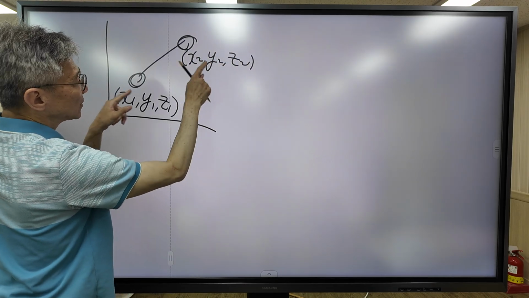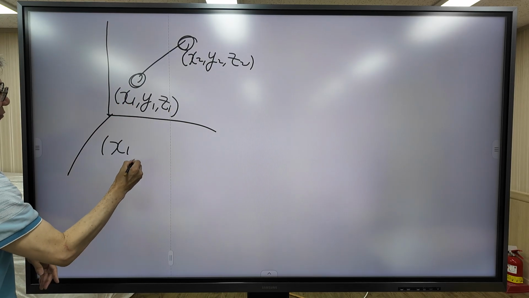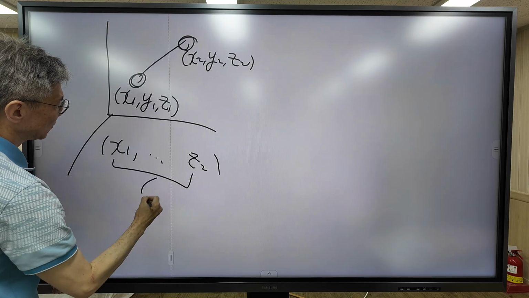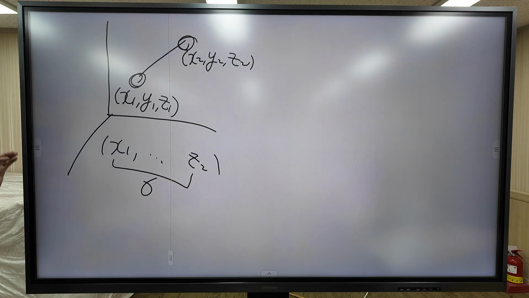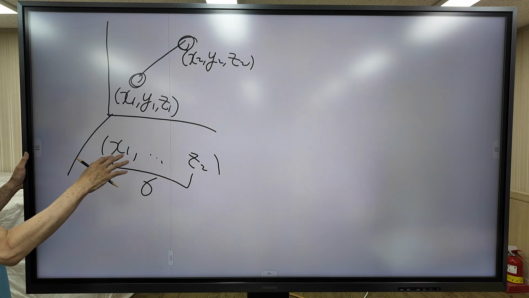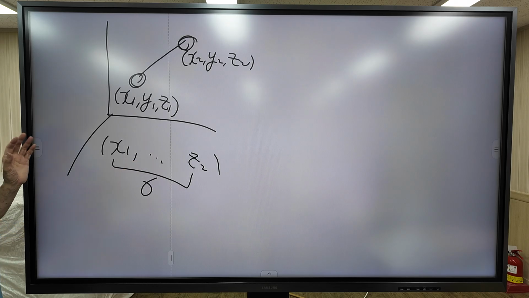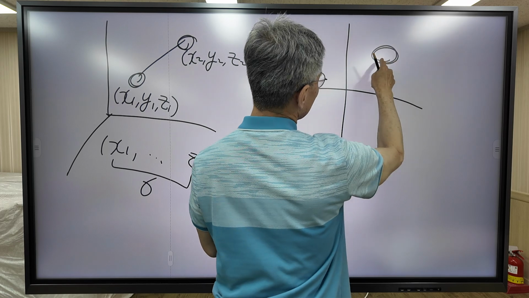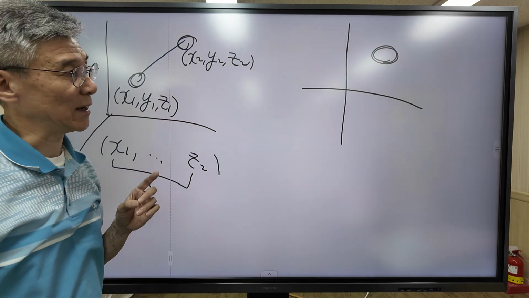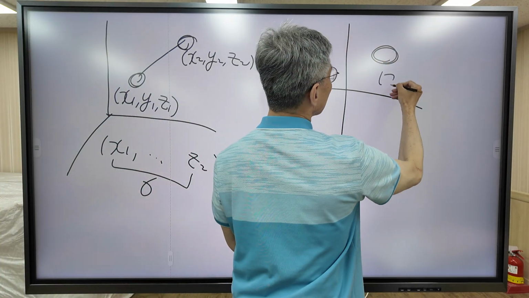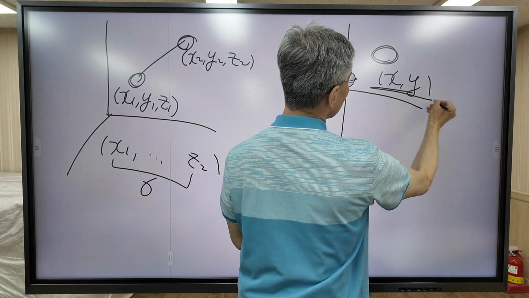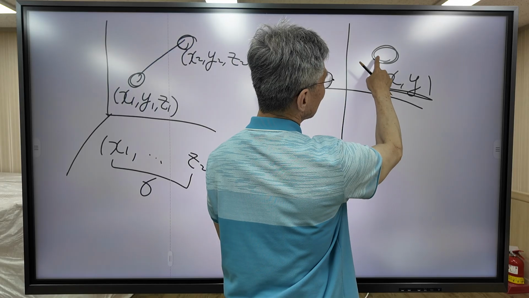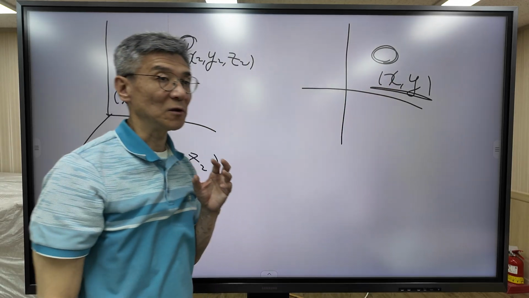We need a total of 6 coordinates, x1 to z2. But chemists do not like these coordinates. What I mean is, consider this molecule in a linear motion. Then it is natural to use rectangular or Cartesian coordinates to describe the motion.